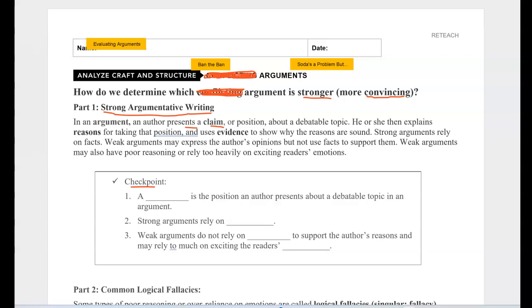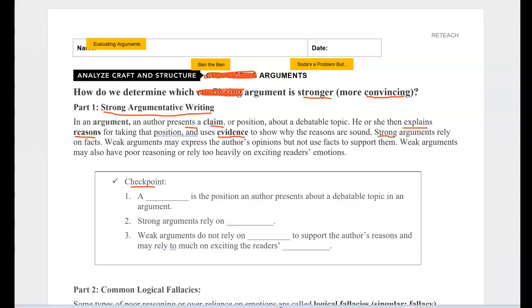He or she then explains reasons. They give the reason and then explain how that reason supports the claim. As they explain that reason, they use evidence to show why the reason is sound. So the evidence is part of the explanation of the reason.